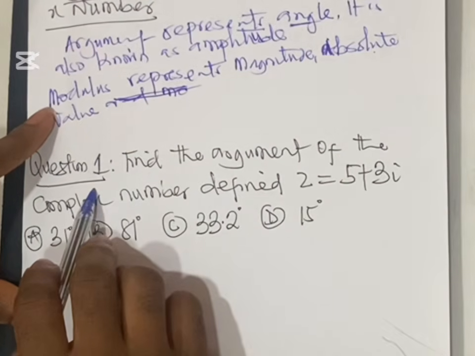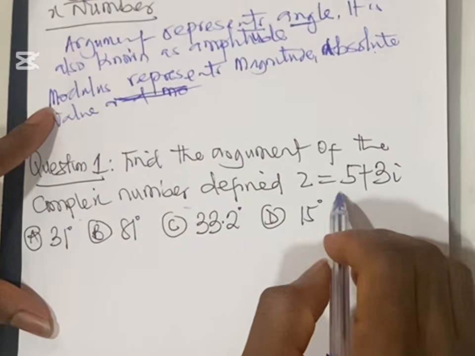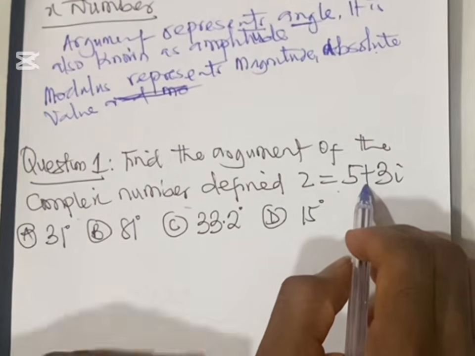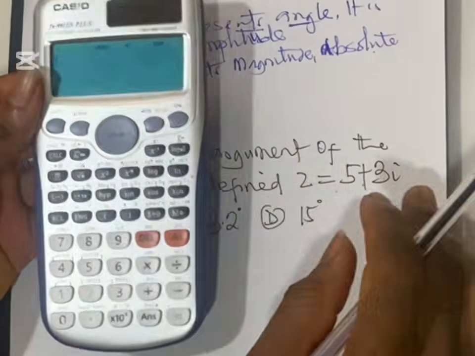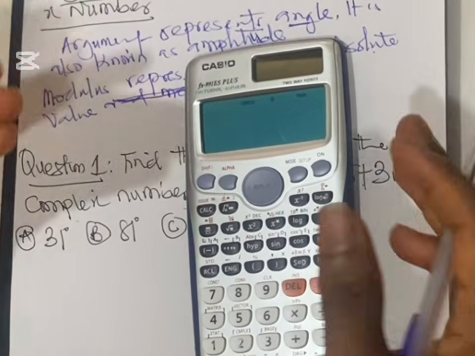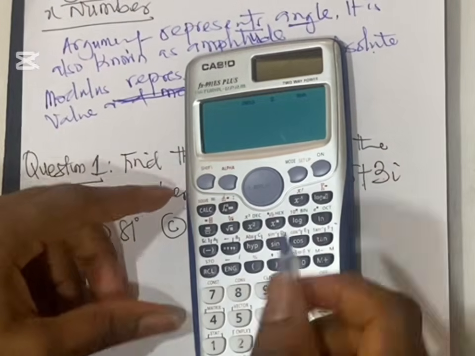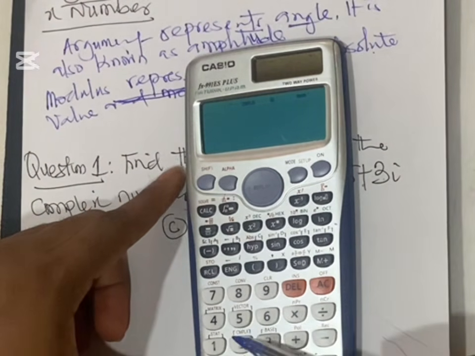Question 1 here, we're asked to find the argument of the complex number defined z equal to 5 plus 3i. So class, this is how to solve argument and modulus together. Now if you look into your calculator here, we have another complex option, this one here.